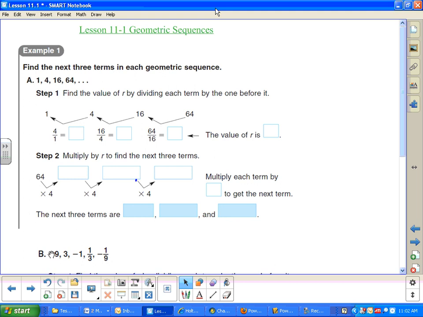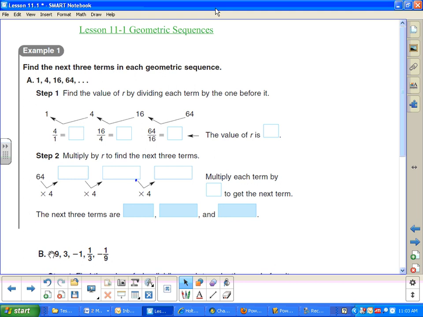And the reason it's called a common ratio is because to find it out, we were actually doing division. So if you notice, the first thing we want to do is it says find the next three terms in each geometric sequence. And so we find what the common ratio is by taking the next term and dividing the previous term.